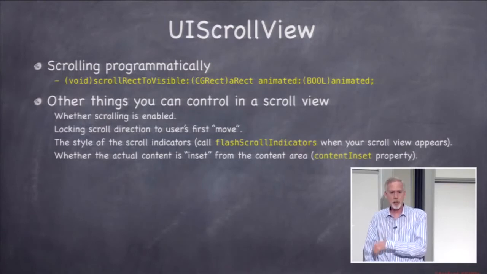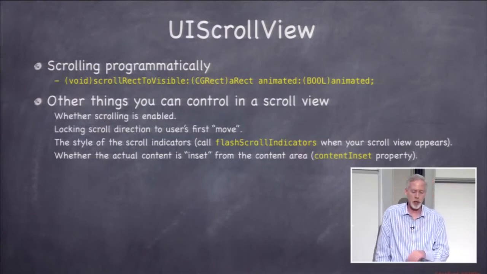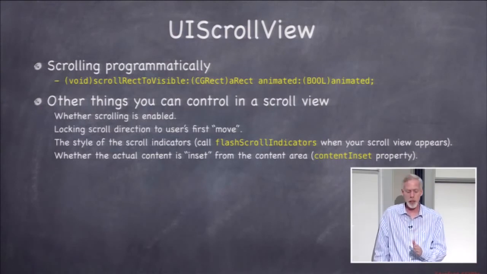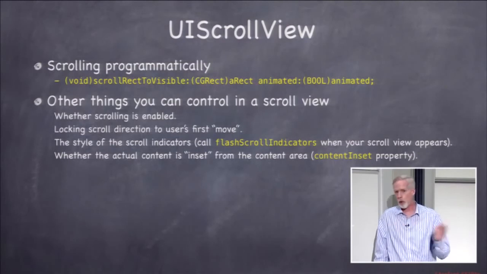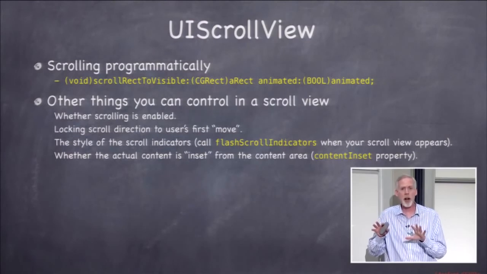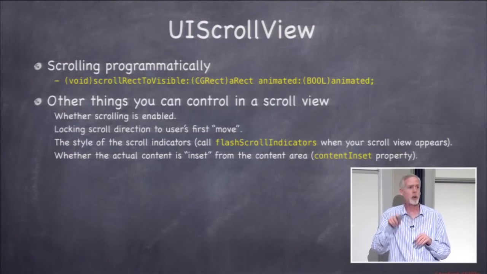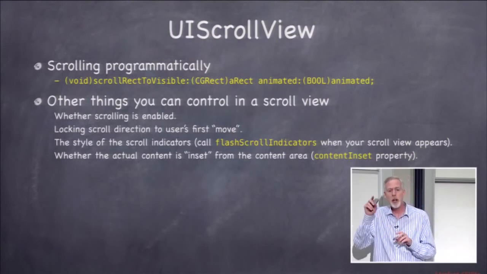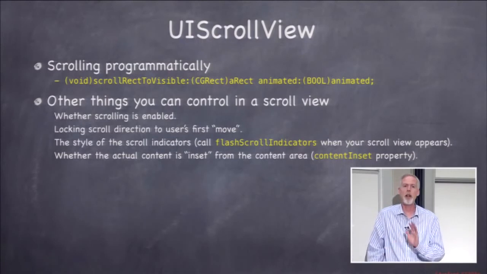There's a ton of other things you can control in a scroll view, which we're not going to talk about just for time constraints, but you can go look at the UI scroll view documentation: things like whether scrolling is enabled at a given time, whether you can scroll horizontally or vertically or both. There are no scroll bars in iOS, but there are scroll indicators. You don't need scroll bars because you just scroll with your finger, right? You pan around with a touch gesture. But there are little things that flash on that show you where you are in the content area. You can look at all that stuff in the documentation.